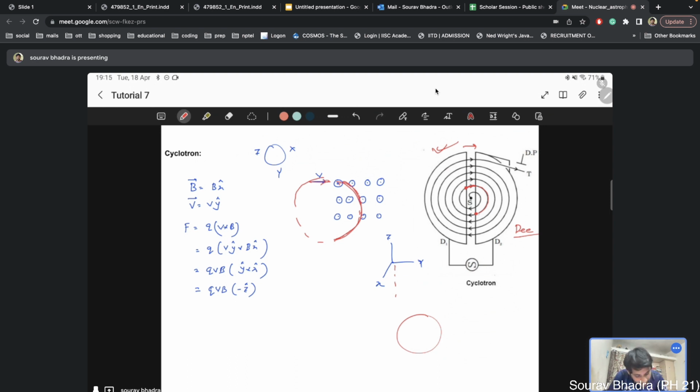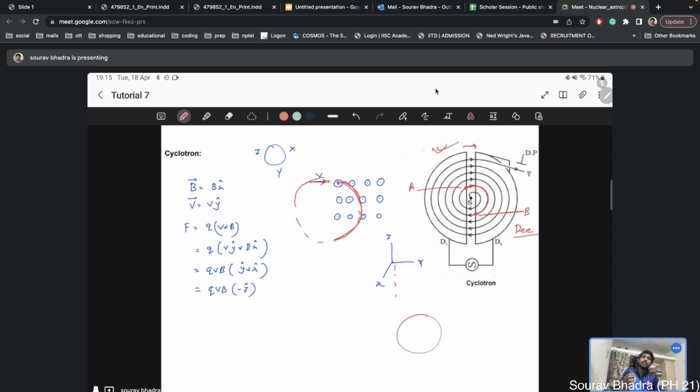So when the particle comes to this point B, suppose it started from A, when it was at A, the acceleration was toward D2. When it is at B, the acceleration will be towards D1.